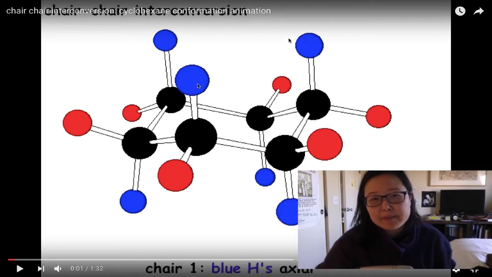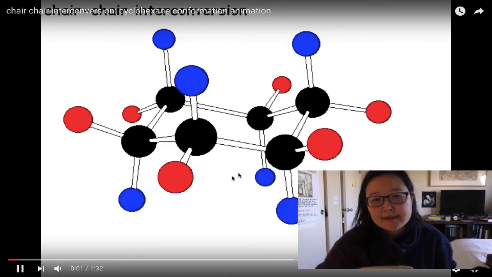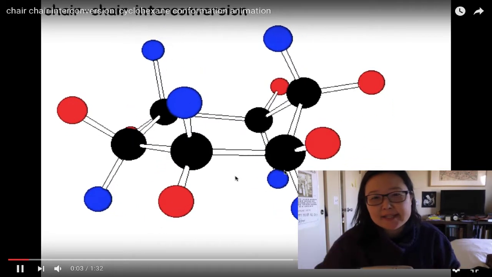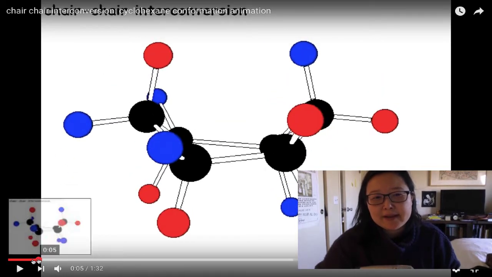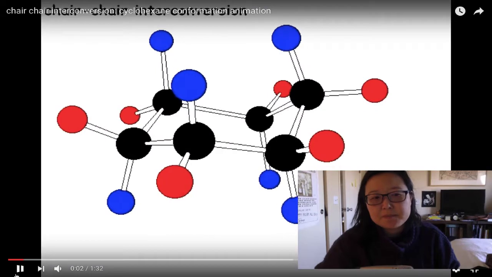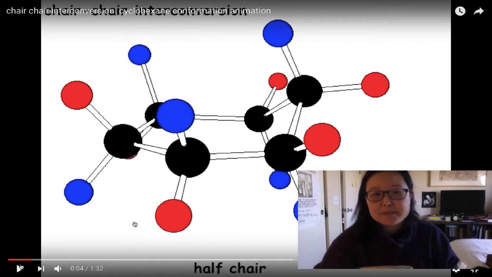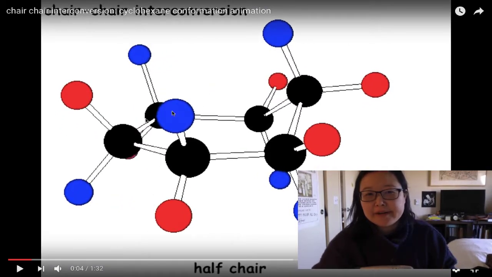And notice all my blue hydrogens here are axial. Now as this thing has energy, it's constantly rotating and changing conformation. It went through something we call a half chair, where this part becomes planar, and this part is still a V sticking up. So it's a half chair in that this part came up a bit.